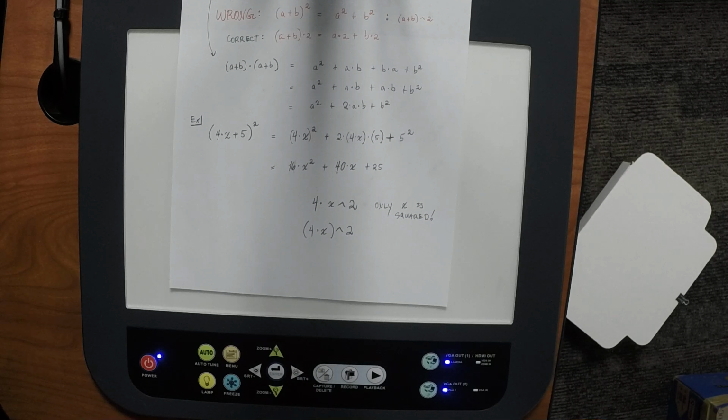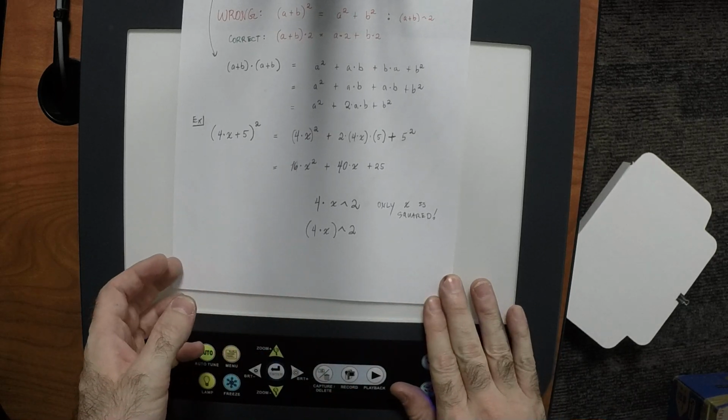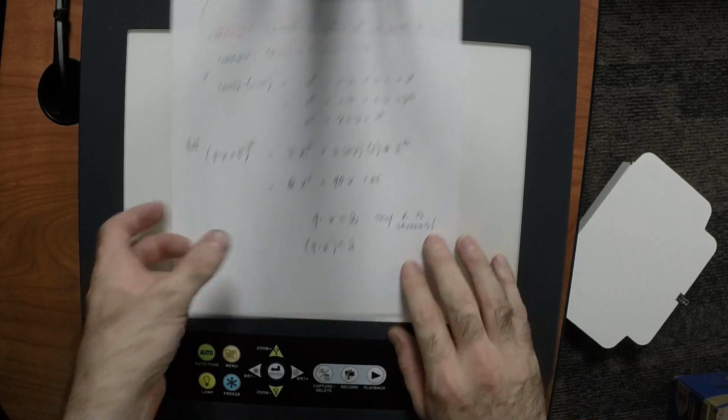I don't claim to have a crystal ball, but I'll predict that next week, some of y'all that are listening are going to leave off those parentheses and get points off. Okay? I hope not. I don't want that to happen, but statistics are what they are. Are there any questions about this before we move to the next thing? Okay.